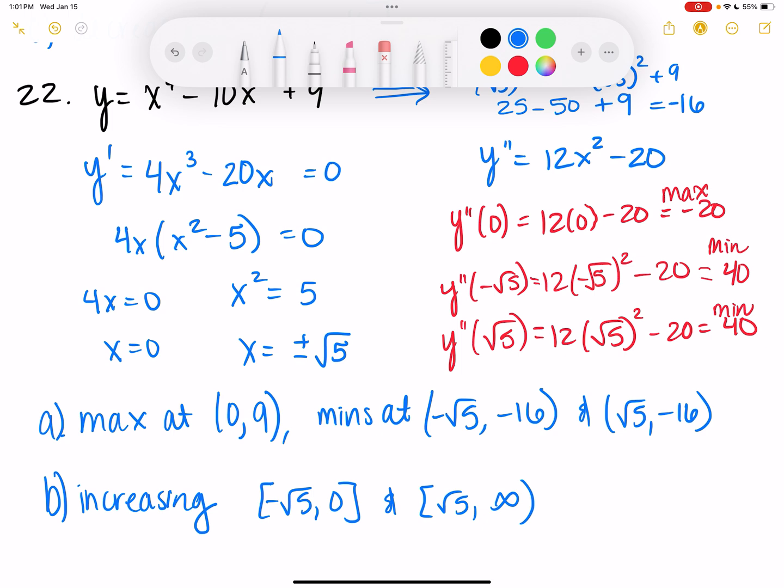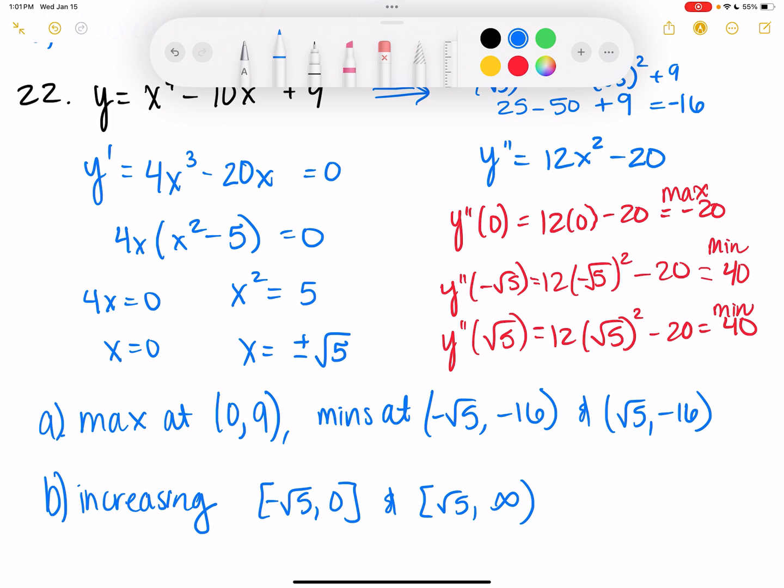So this is a min, so that means that it's going down, down, down. It gets to this point, it goes up, up, up, gets to this point, goes down, down, down, gets to this point, and then goes up, up, up again. Okay. That makes sense. I think a little more.